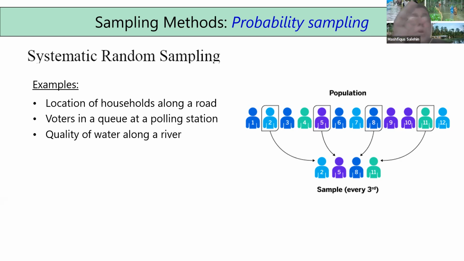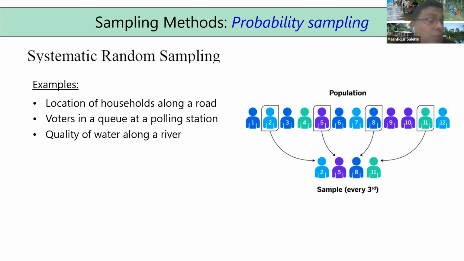You can draw a line, make a list of households in your population in a particular village, and then use the same way to do your systematic random sampling.